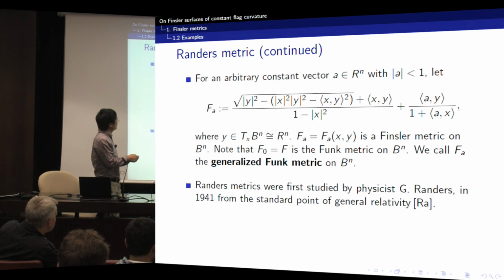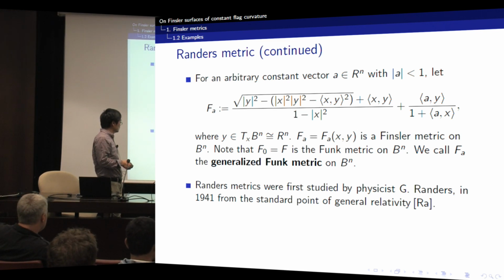This is a Riemannian metric, and this one plus a one-form, which satisfies the condition of the Finsler metric. So this is a Randers metric. If a is the zero vector, it is just the Funk metric. Randers metrics were first studied by the physicist G. Randers in 1941 from the standpoint of general relativity.